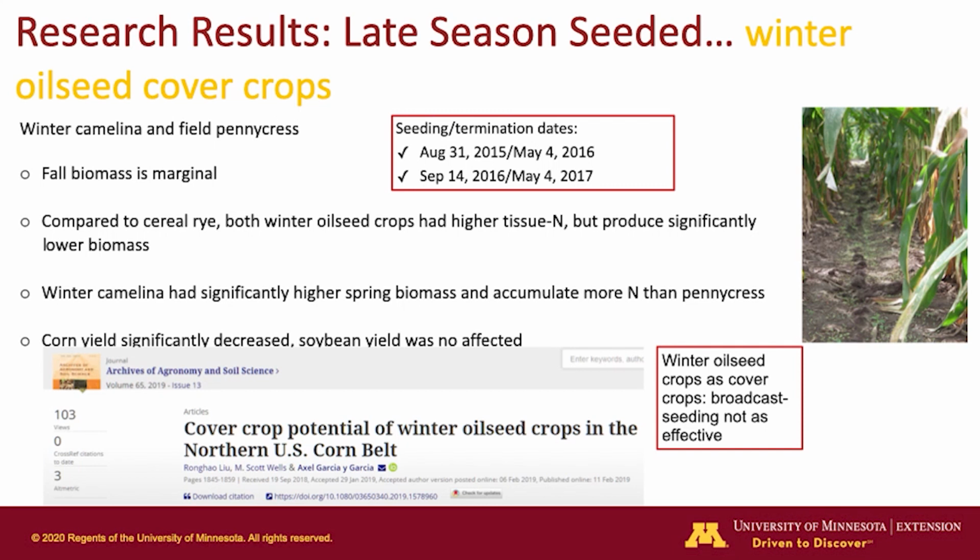So to summarize this, in the late seeding, we were seeding at R5, R6 corn, which is the dent and close to maturity, somewhere there. The reason why we do that is because if we do it at maturity, which is R6, it is a little bit late. We want to interseed cover crops because we want to extend the cover crop growing season. That's the objective.